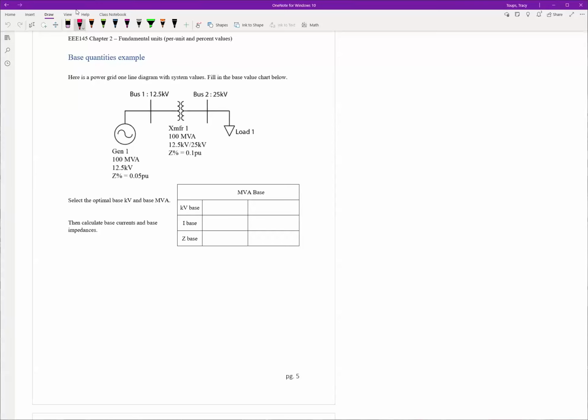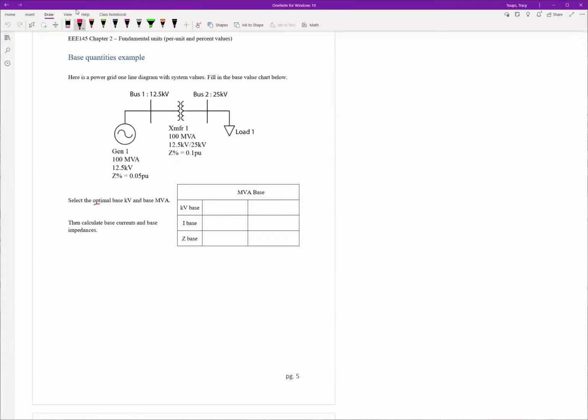Z percent is 0.05 per unit, so that's the impedance of the generator. There's a low voltage bus at 12.5 kV. There's a transformer linking a high voltage bus at 25 kV that goes to the load. Notice the transformer is 100 MVA, 12.5 kV on the low side, 25 kV on the high side, and the impedance of the transformer is 0.1 per unit, or 10%.